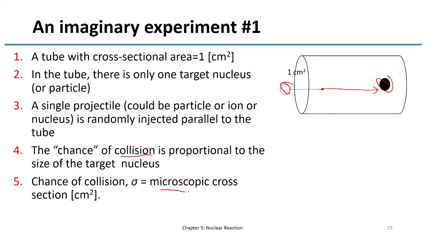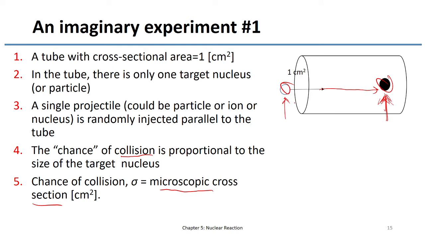That microscopic cross section is the property of the target nucleus in this imaginary experiment. In fact, the microscopic cross section does not only depend on the target nucleus but also on the energy of the incident particle and the type of the incident particle.